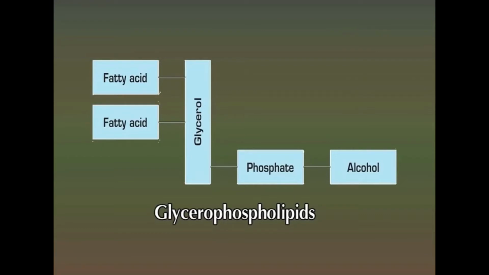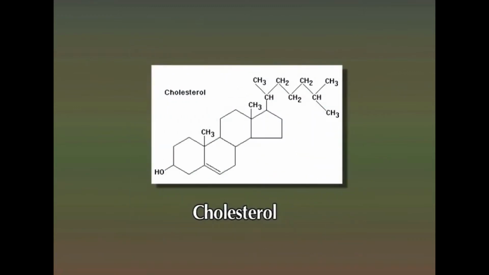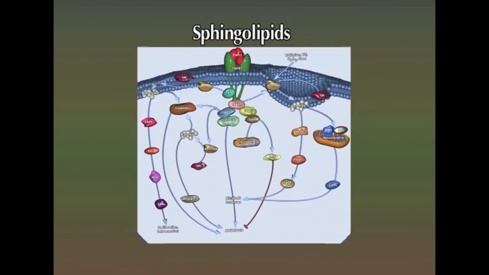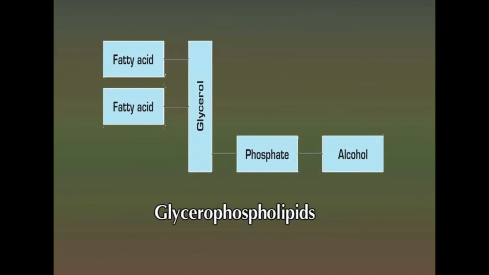The lipids making up the components of membranes are of three major classes that include glycerophospholipids, sphingolipids and cholesterol. Sphingolipids and glycerophospholipids constitute the largest percentage of lipid weight of biological membranes.